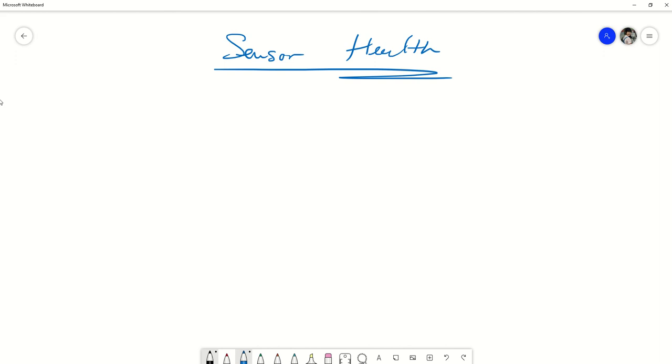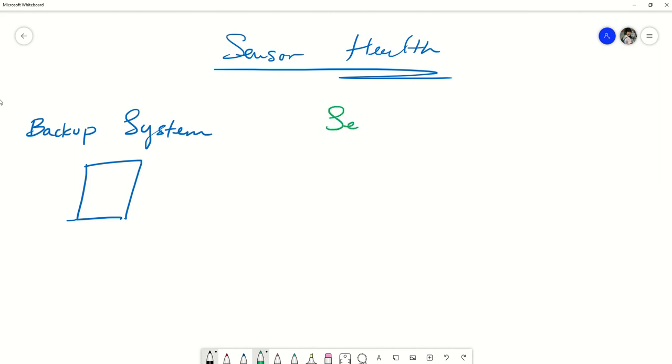Say you have a backup system in your environment, and sensors are on your domain controller. Let's draw this, this is the affected sensor, basically your DC.